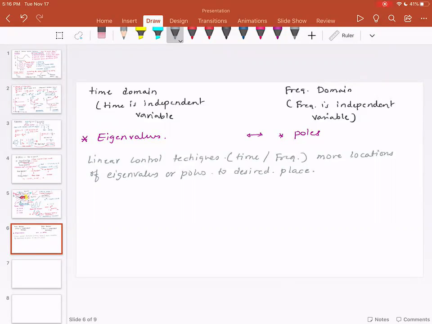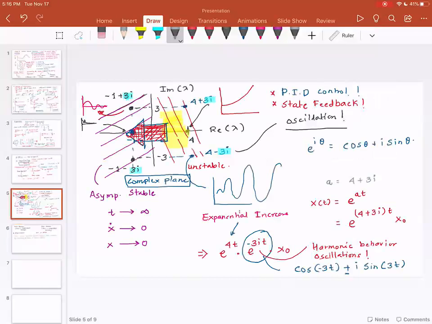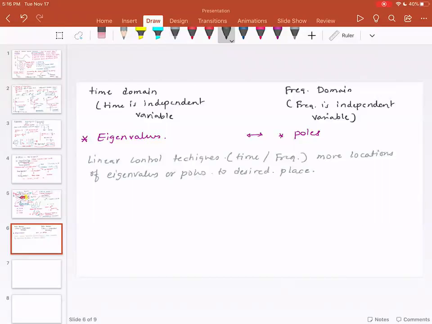Imagine that, let me draw one more figure. Say you have your eigenvalue here. The system eigenvalue is here. Then everyone agrees that the system is unstable. Now what I do is add some sort of control algorithm.